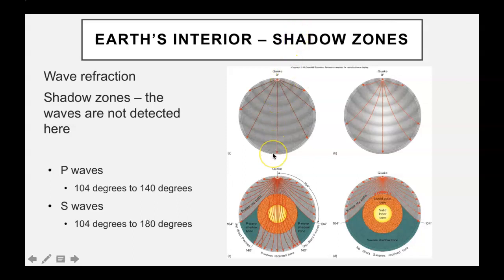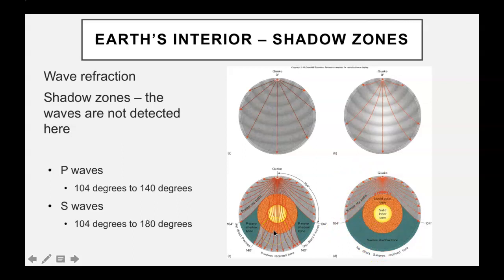But it's not the case. The waves, and A is the P waves. Excuse me, A is the example of if we had just a homogeneous globe. What we see in figure C and figure D is what the waves look like for real.